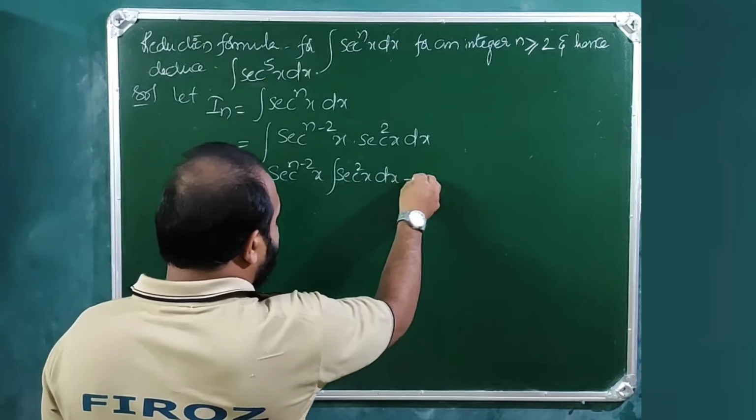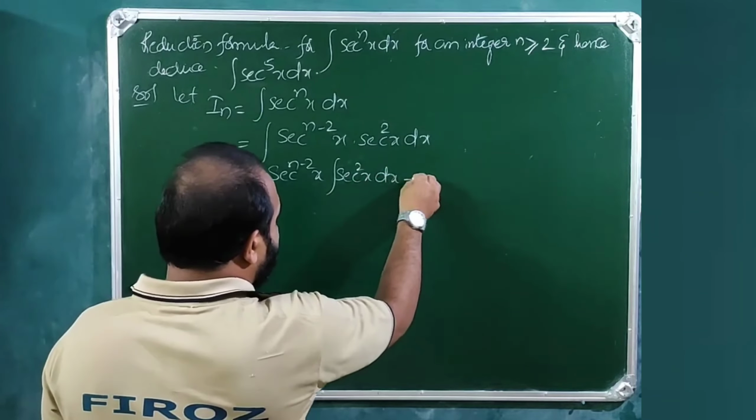So this is equal to secant power n minus 2x into tan x minus n minus 2, integral of secant power n minus 2x into secant square x. The bases are equal, so n minus 2 plus 2 is secant power nx, minus secant power n minus 2x into 1, which is secant power n minus 2x dx.